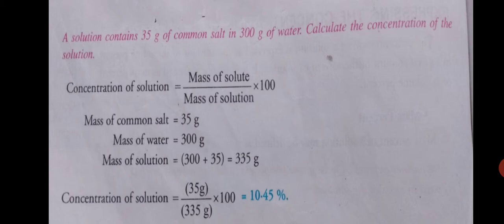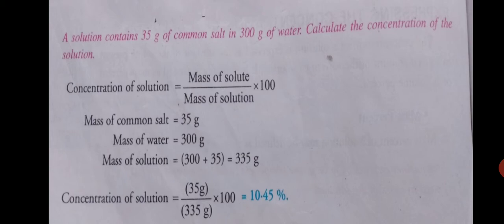10.45%. Understood? So read the question, find out what quantities are given, and identify whether the quantities are sufficient for our equation. If it is not sufficient, find out the other solutions to that particular equation.